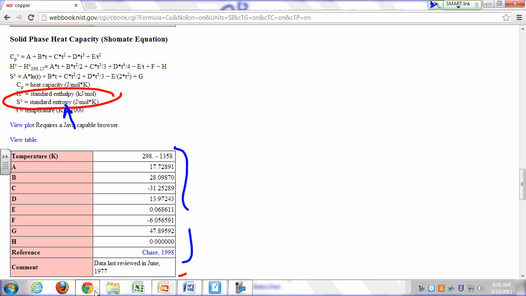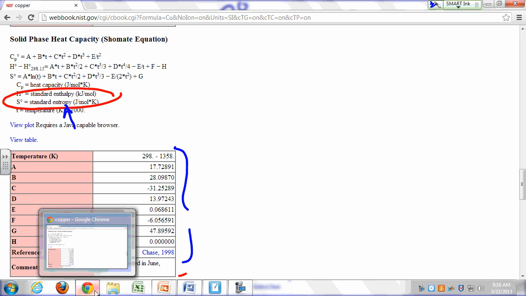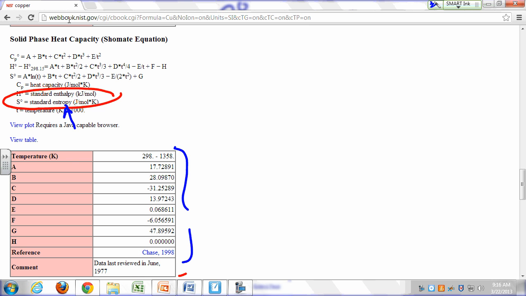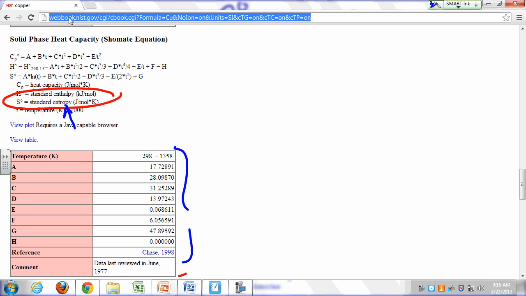Or you can just look it up from another source. So that will just give us one number. Actually, you can estimate it from the law of Dulong and Petit, right? What's the molar heat capacity of copper? Approximately 3R, right?